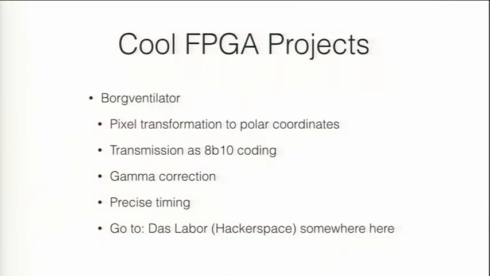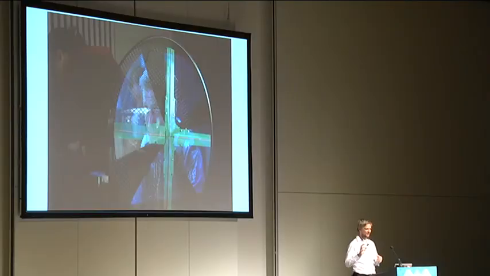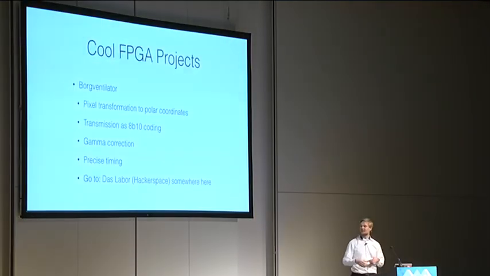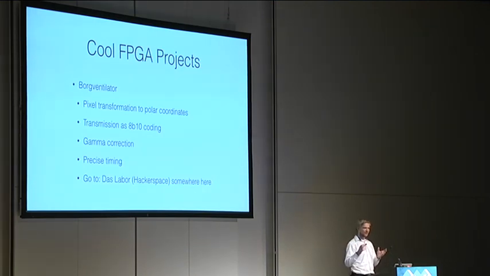And now I want to motivate you on what you can do with FPGAs. I was looking for some projects from the hacker scene that I really liked. One of those projects is actually the Borg ventilator. I'm going to show you a picture first, and then I'm going to go back to explaining what it is. It's essentially like a ventilator, but instead of fanning air, it has spinning PCBs, and there are like 250 RGB LEDs, and then you can attach any video source to it, and it can be displayed.